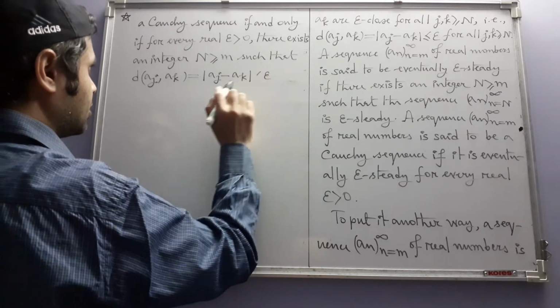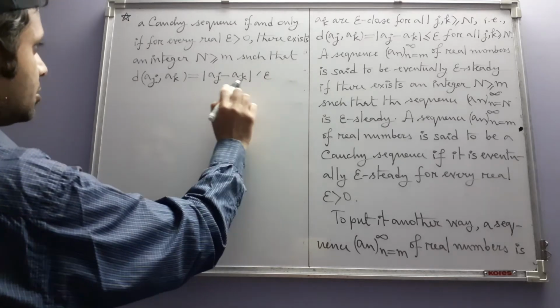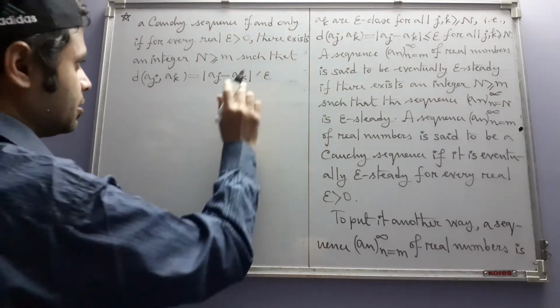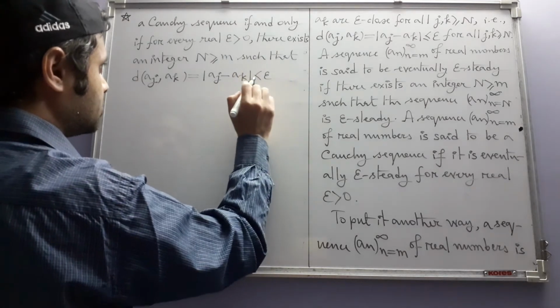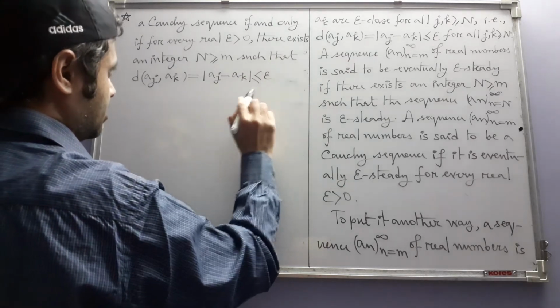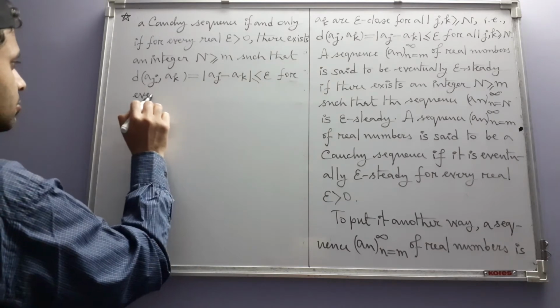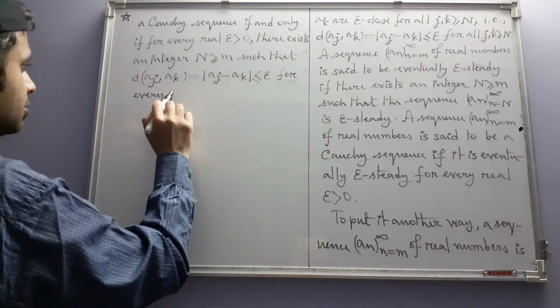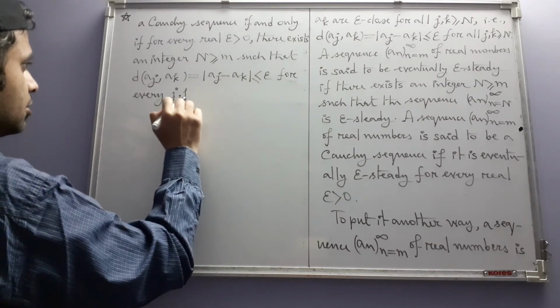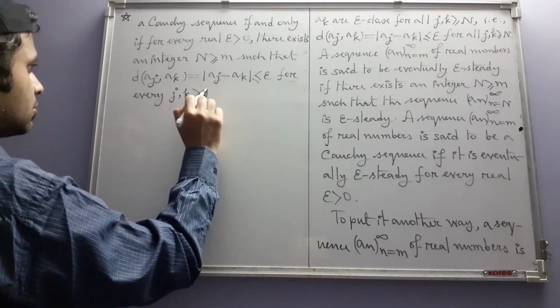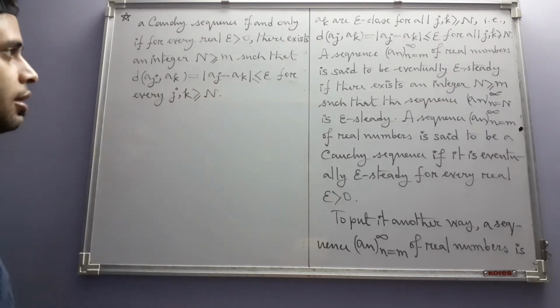If I am remembering correctly, the author has used n and n prime, but it does not matter because these are variable names. Less than or equal to epsilon for every integer j and k greater than or equal to n.